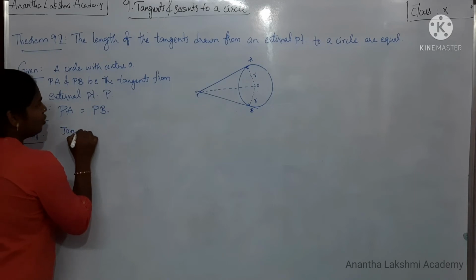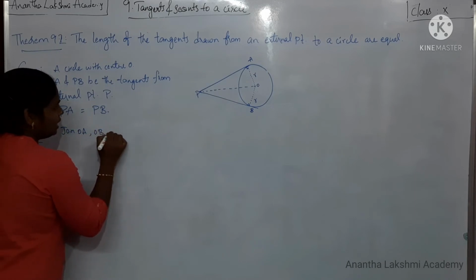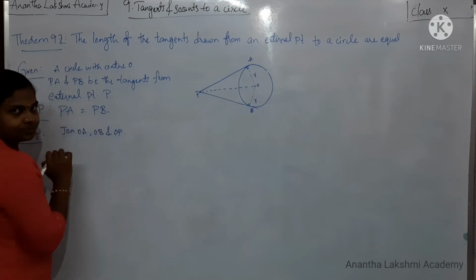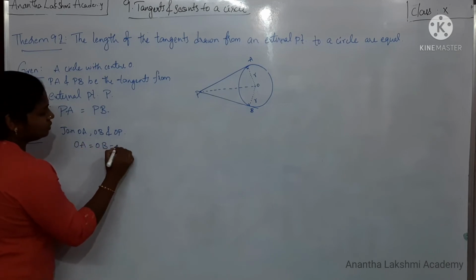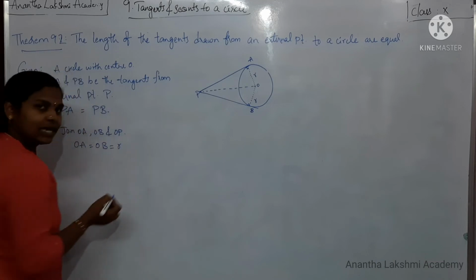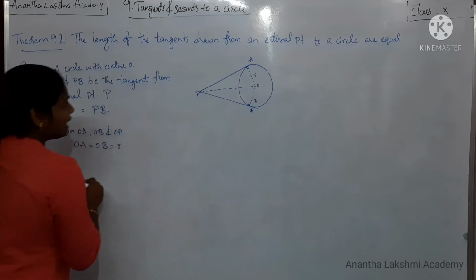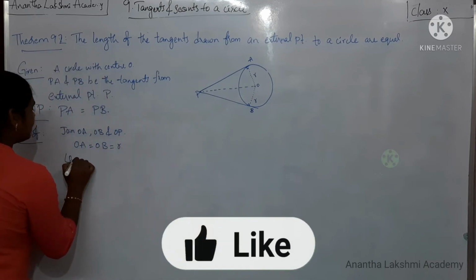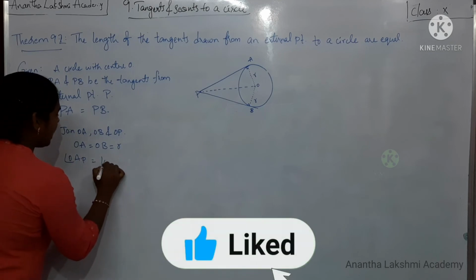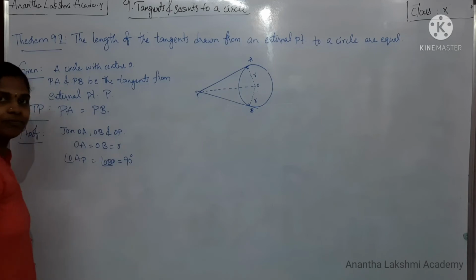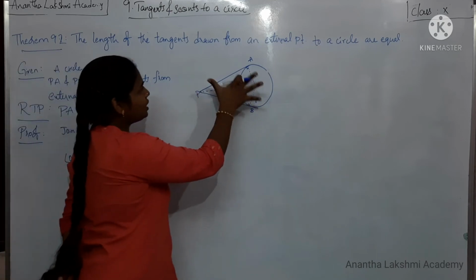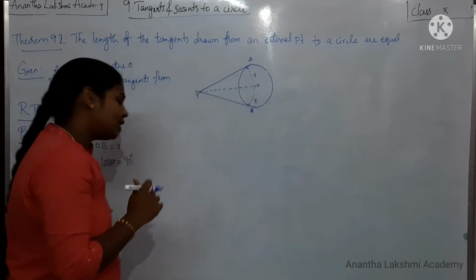Join OA, OB and OP. OA is equal to, OB is equal to what? The radius. Isn't it? Now, what is angle OAP? Similarly, angle OAP is equal to, angle OBP is equal to how much? 90 degrees. Now let us look at these two triangles, the upper triangle and the lower triangle.